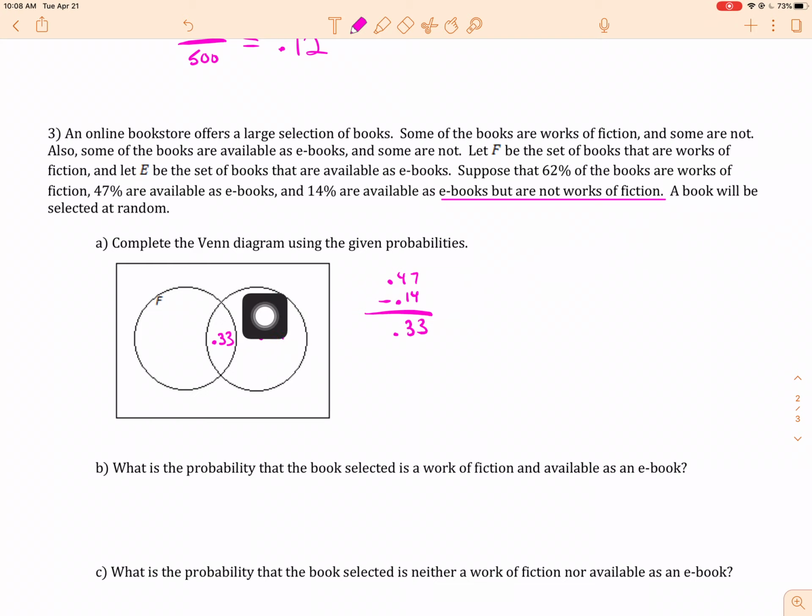And now when we add these two together, that's 0.47 as e-books. Now, 62% of books are fiction. If 62% of books is this entire circle and 33% are e-books, then what percentage of the fiction books are not e-books? That's 0.62 minus 0.33, which is 0.29.